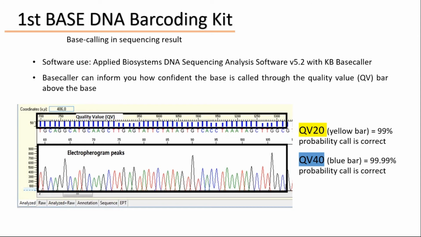We are using the ABI DNA sequencing analysis software version 5.2 with KB base caller for all our sequencing analysis. As you can see here, if you open the software we are using, called Sequence Scanner, and you see the QV in blue bar color, which is QV 40 or above, then you can trust this sequence.